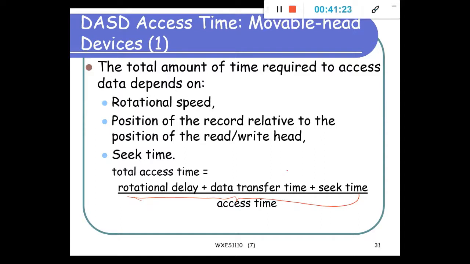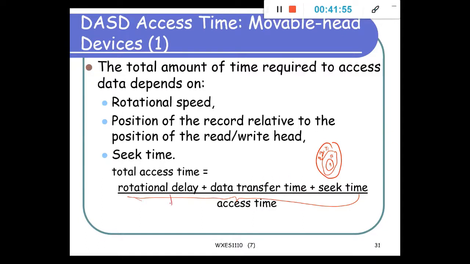Seek time is the time required to move the arm into position over the proper track. Let's say this one is track 1, this one is track 2, track 3. This is the read and write head, so it will move to track 1, or if you want track 2 or track 3, something like that.